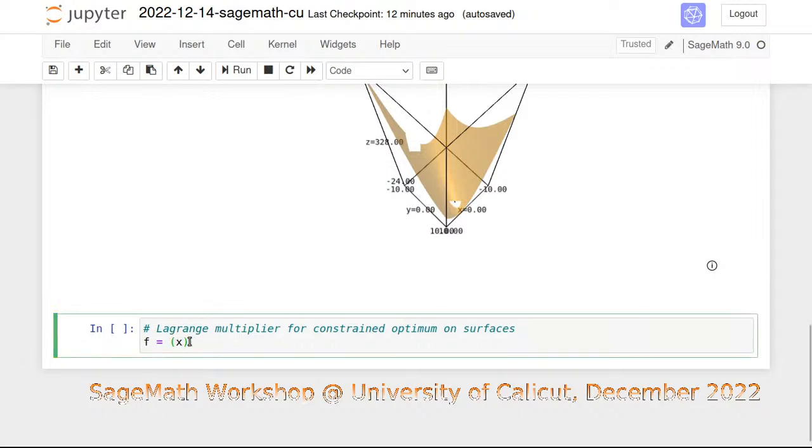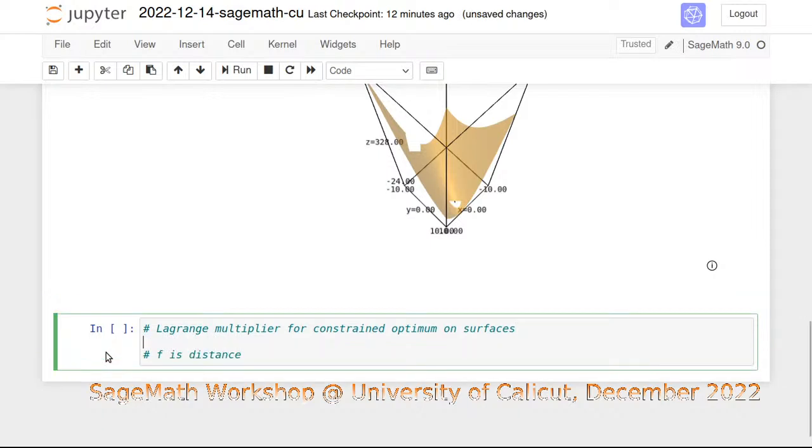So let me define two functions. F is distance. An arbitrary point is given. There is no specific reason for choosing this point. Some point is chosen. F is distance from this point to x, y, z.